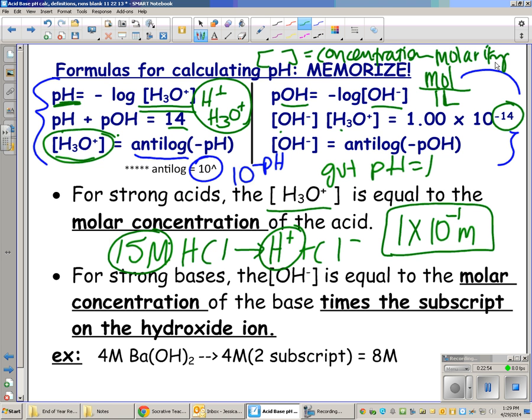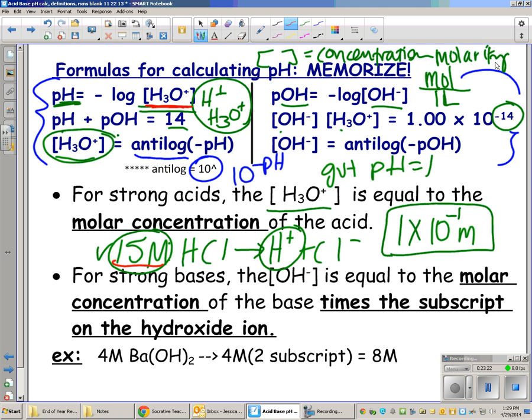Okay, so if I have a 15 molar HCl solution, find the pH for me. If I have 15 molar, which of these formulas do I want to use if I want to find the pH? The first one, right. So in this example, I have 15 molar, so I'm going to plug that in to the actual concentration.